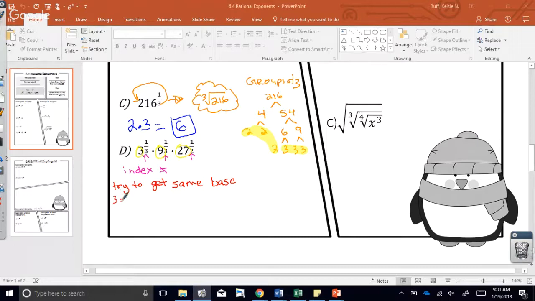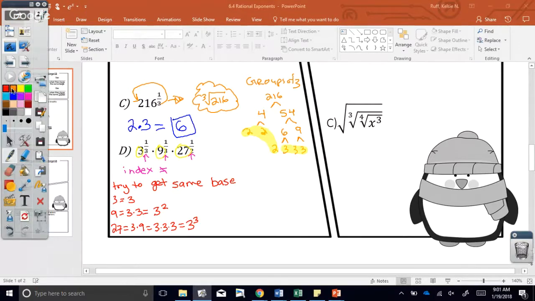So 3 is just 3. 9 is 3 times 3, which can be written as 3 to the second. 27 is 3 times 9. We said 9 was 3 times 3. So 27 is 3 to the third.